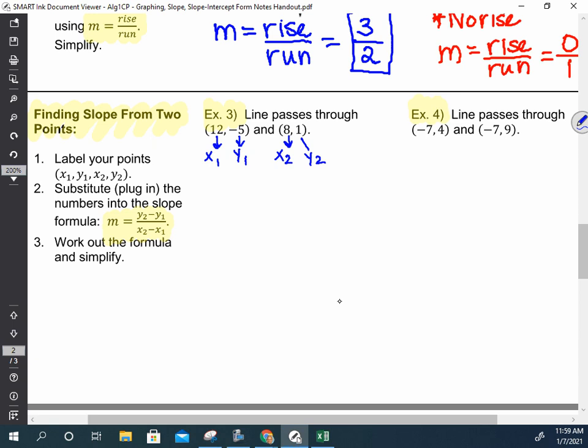Now we plug them into the formula. So y2 is 1, so that's 1 minus -5 divided by 8 minus 12. 1 minus -5 divided by 8 minus 12.